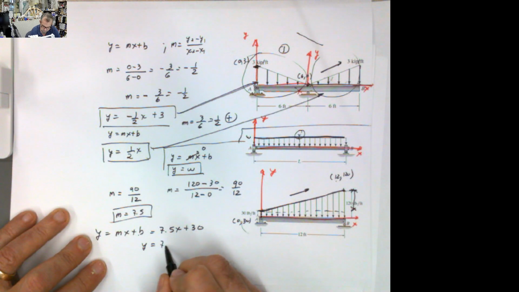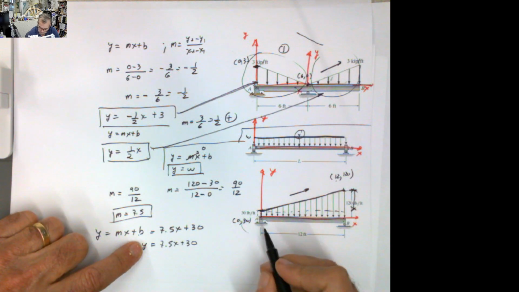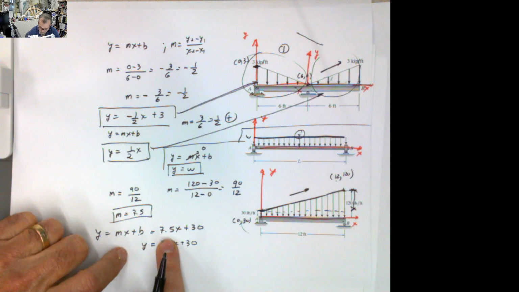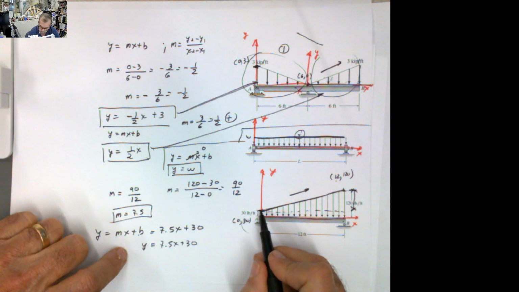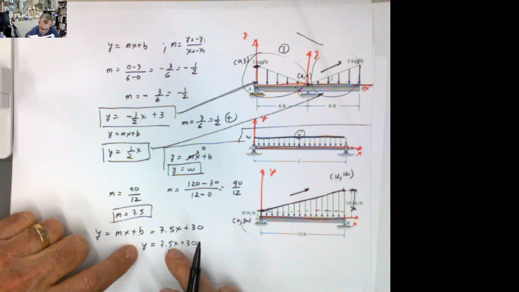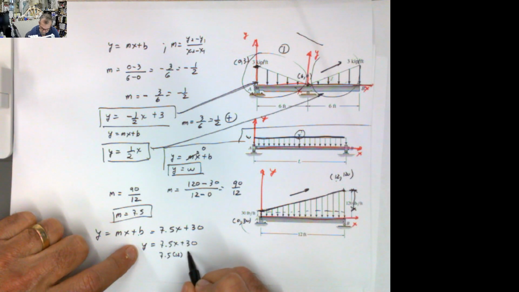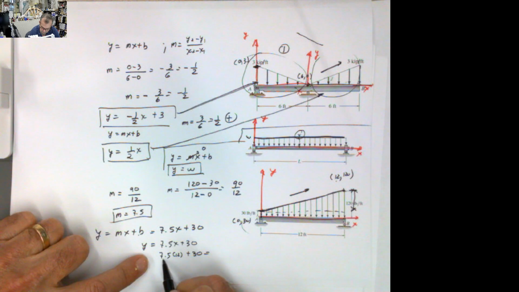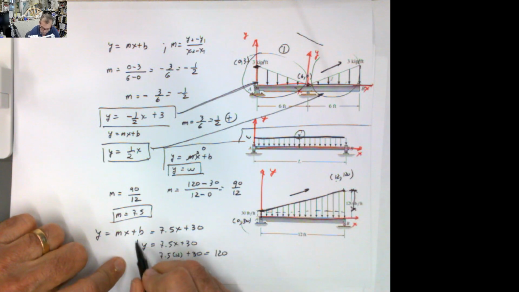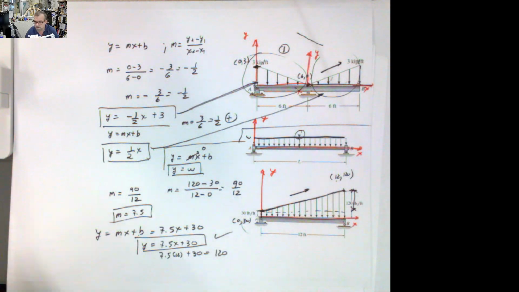If you have 7.5x plus 30, you can assign x equals 0, for example. Then y will be 30, which is this point, so it's correct. And when x equals 12, 7.5 times 12 plus 30 is 90 plus 30, 120, which is this value here. So this is the equation of that straight line.